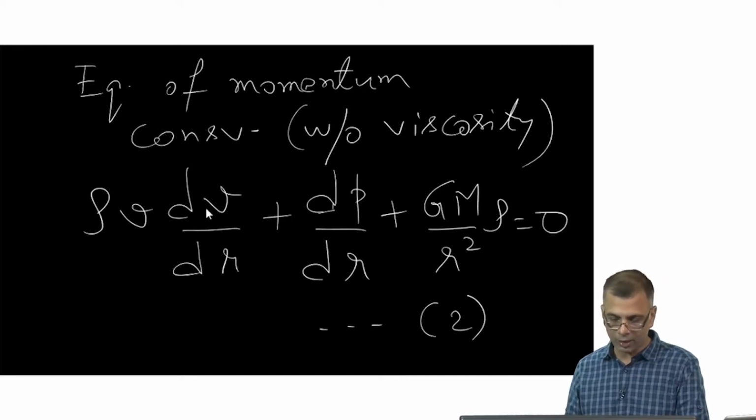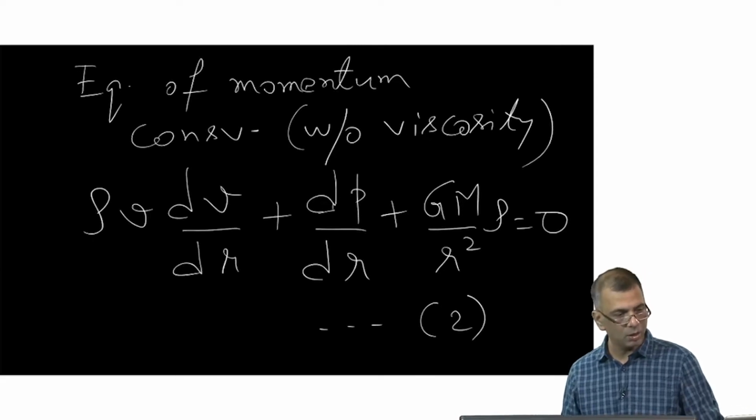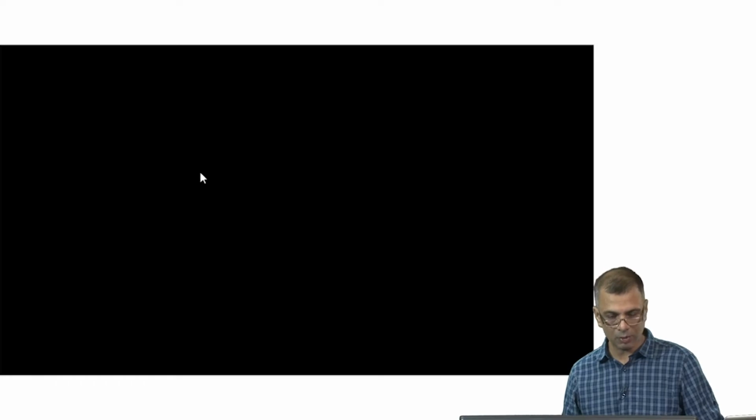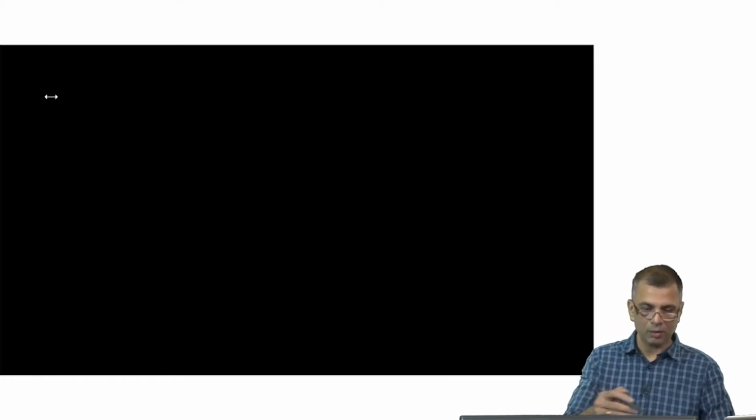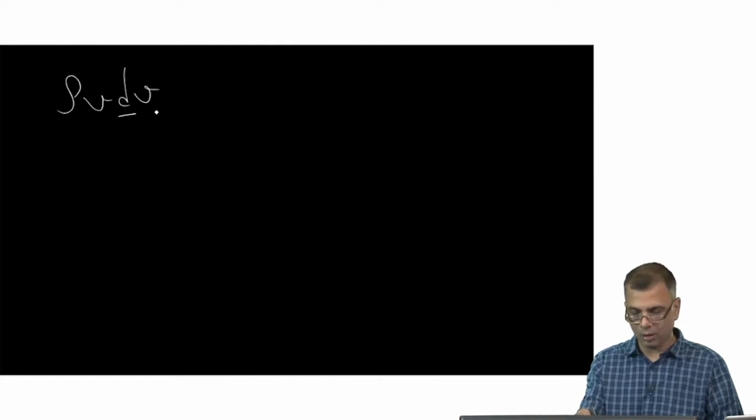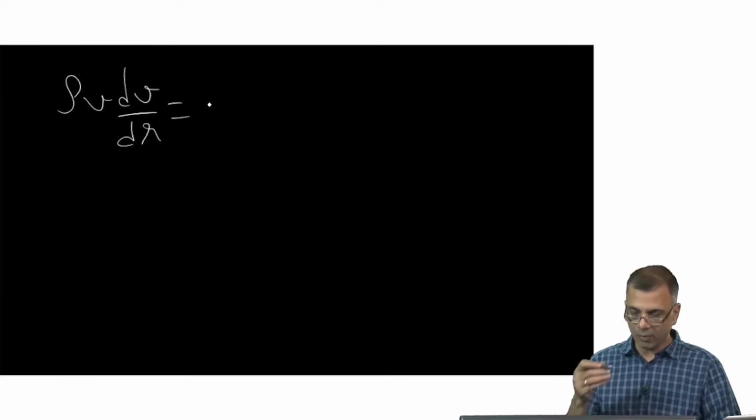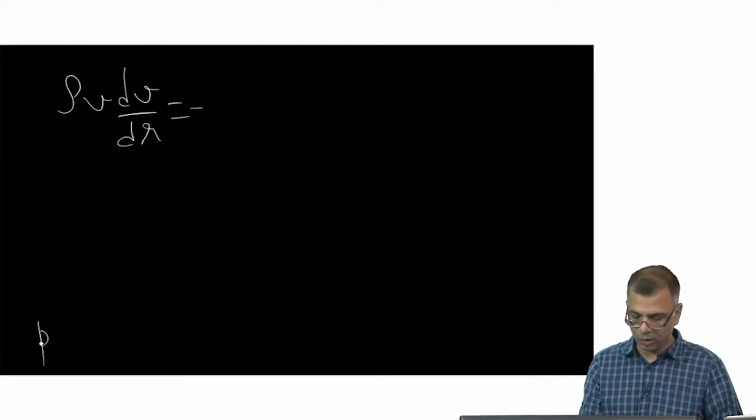So, I can write, essentially this rho v dv dr equals, instead of writing minus dp dr, I can write minus, remember we had written P equals Cs squared rho.